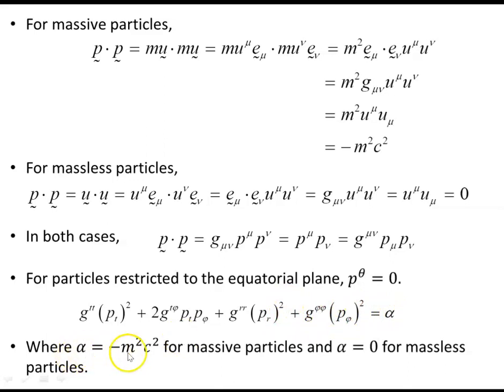Now, alpha is minus m squared c squared for massive particles, and alpha equals 0 for massless particles, photons and so on. That's the difference between the two, and that allows us to deal with both cases at once. Just remember that p theta is 0, so the covariant form will be 0 as well.